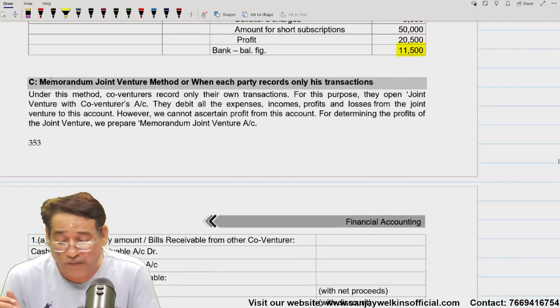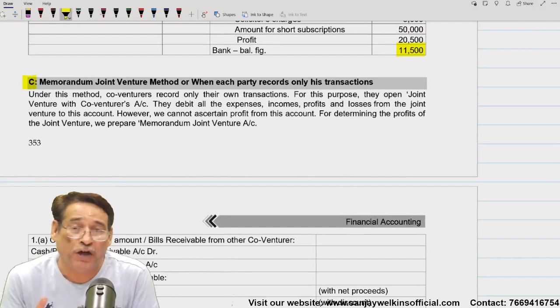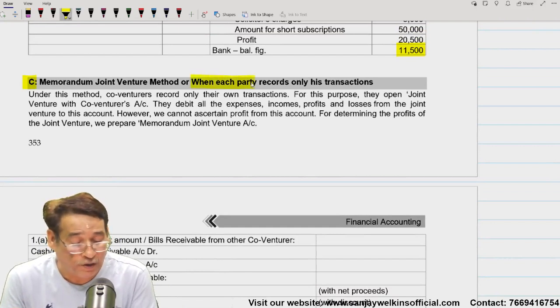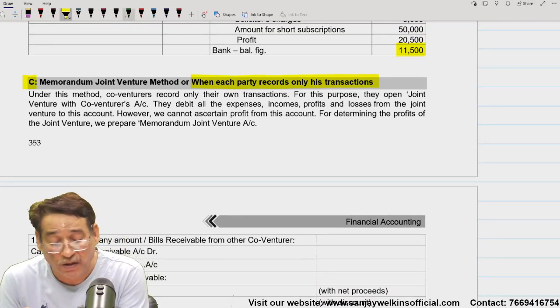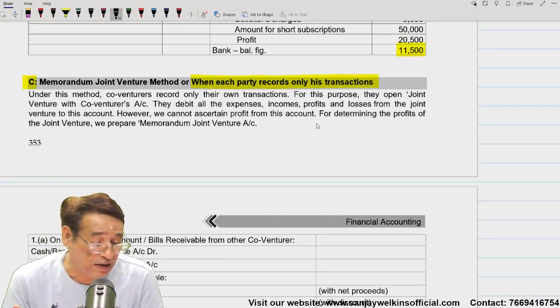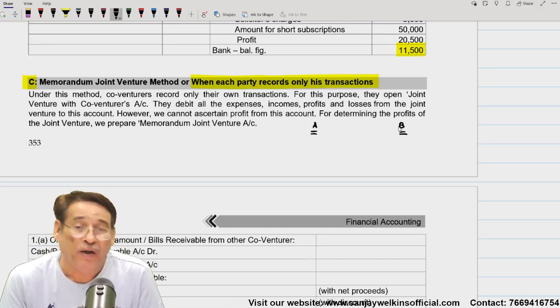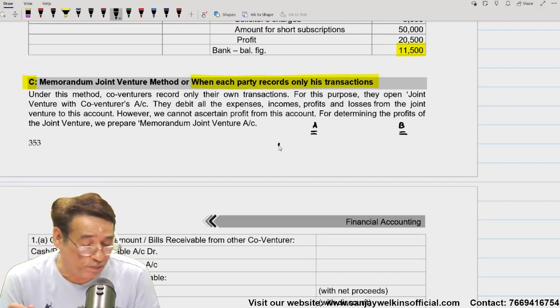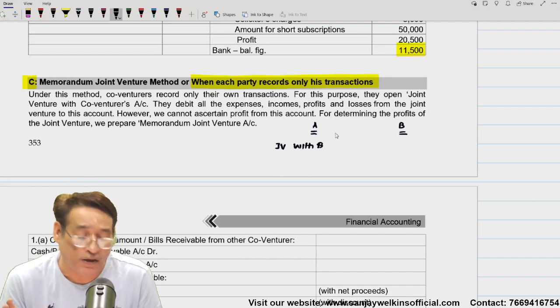Now next we come over to memorandum joint venture account. Memorandum joint venture account is also known as when each party records his transactions only. What does it mean? In this case, let us say there are two parties, A and B. A in its own books will prepare joint venture with B account.